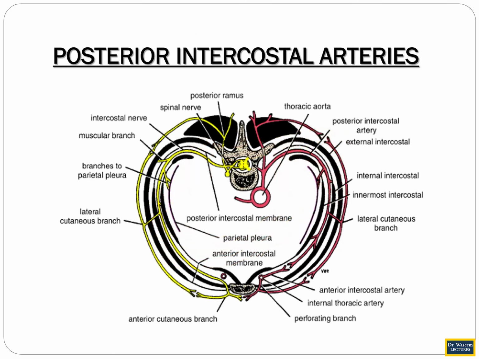What about the 12th? The 12th, you see, is again the aorta giving one artery. The artery is running in the costal groove along with the vein and the nerve. It is giving its lateral cutaneous branch, which is going behind also, in front also, but anteriorly a branch has been given from the internal thoracic artery. This is forming the anterior intercostal one here, and another, because it is paired.